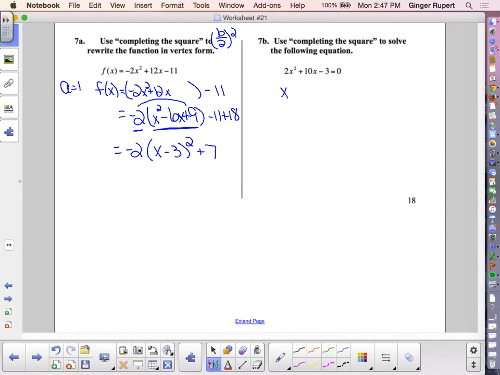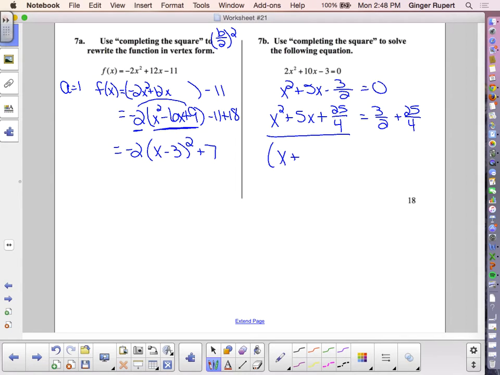So I'm going to start by dividing all of those terms by 2. Okay, when it's equal to 0, you want to divide everything by 2 here. Then move the 3 halves to the other side. Then complete the square and add your 25 fourths to both sides. Write your perfect square trinomial as a binomial squared.